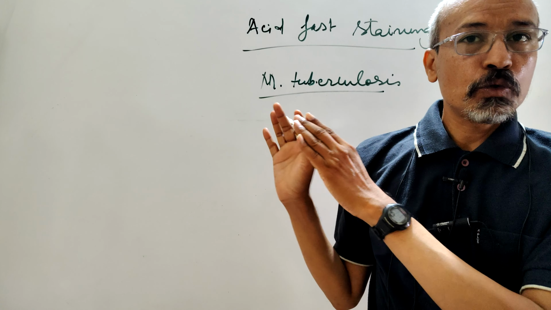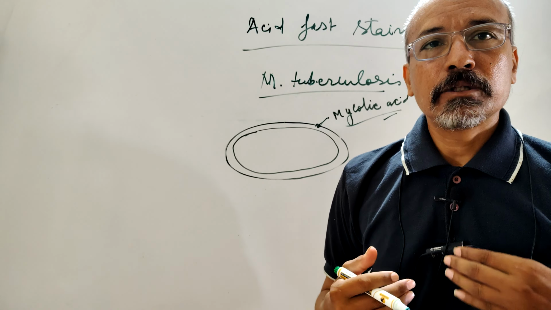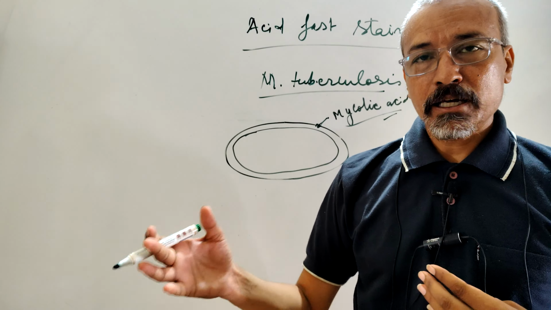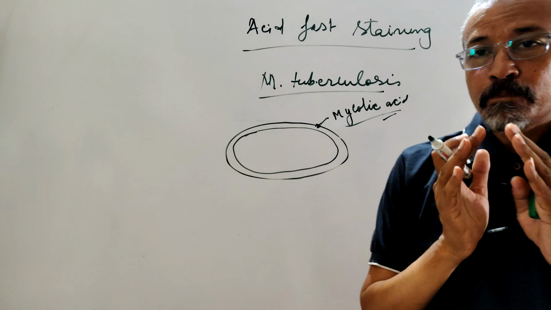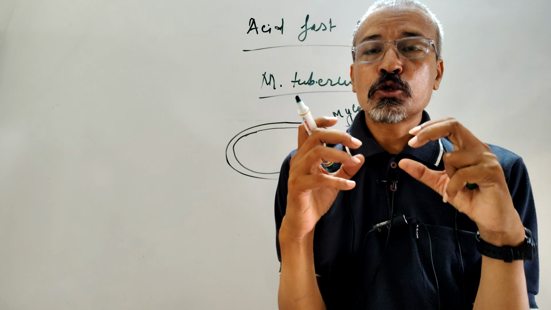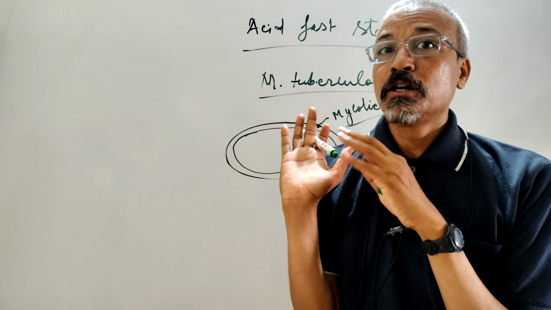Because of this mycolic acid, Mycobacterium tuberculosis has a longer lifespan and cannot be eliminated by our immune system, because it enters into the macrophage, and this mycolic acid prevents the fusion of phagosome and lysosome, so this bacteria cannot be destroyed by methods like the formation of the phagolysosomes.